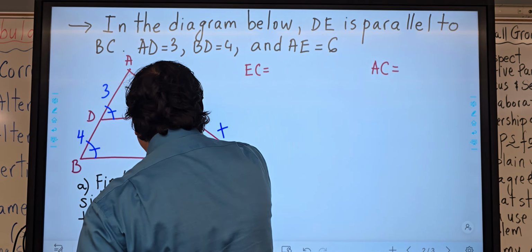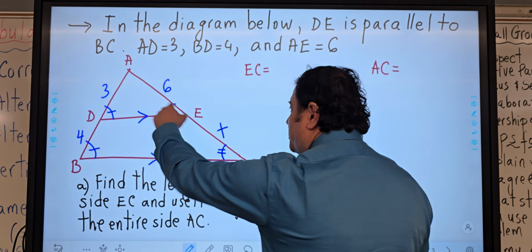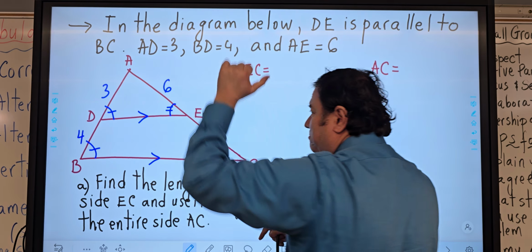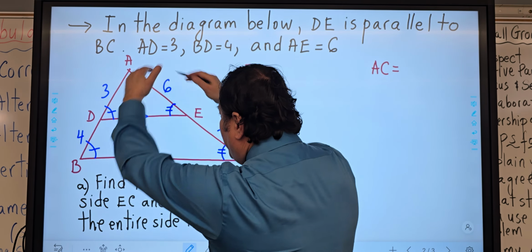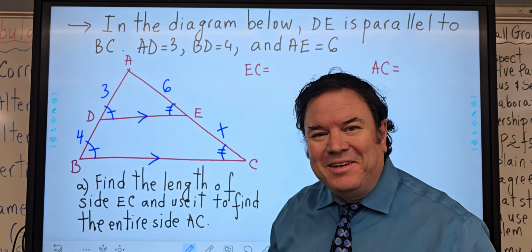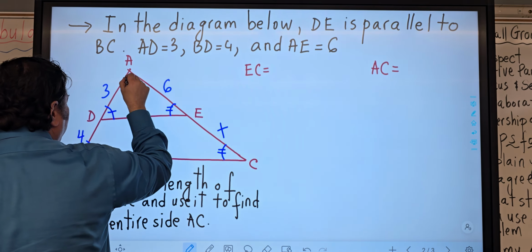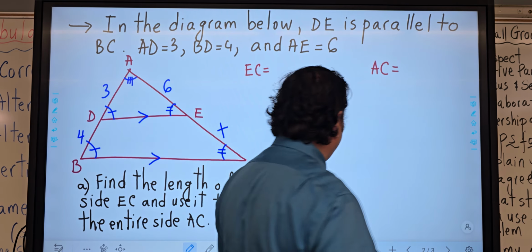This angle and this angle are congruent because they are corresponding. These parallel lines are crossed now by this transversal. Therefore, the smaller triangle and the bigger triangle are similar. And again, don't forget they are sharing this angle. Both triangles are sharing that angle there at the top.